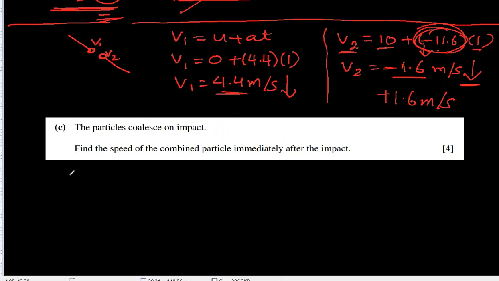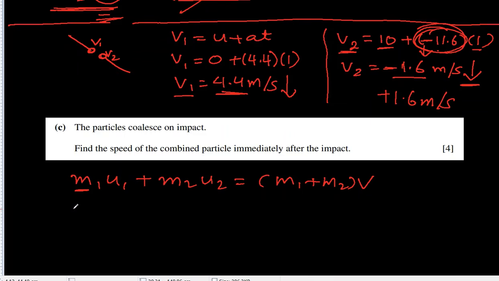So now m1 u1 plus m2 u2 equal to m1 plus m2 v. Yeah, this is the formula when two particles collide. So let's say this is m1.